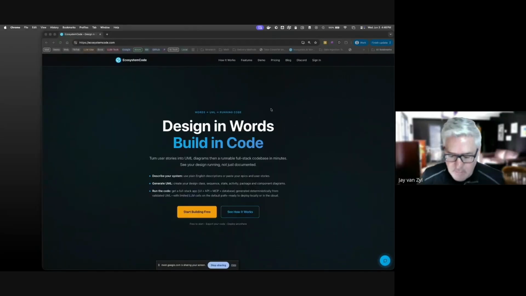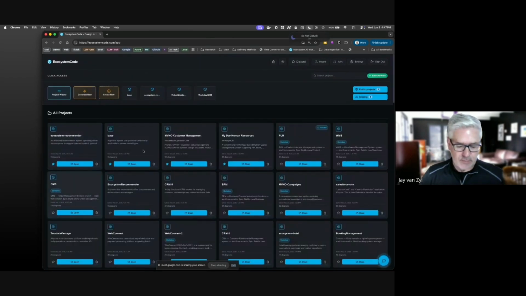Okay, so I'm not going to spend a lot of time on this, but just to show one or two of the concepts. And just to note for everybody, we will be enhancing a lot of these capabilities inside ecosystem code, as well as in the ecosystem workbench environment within ecosystem AI.